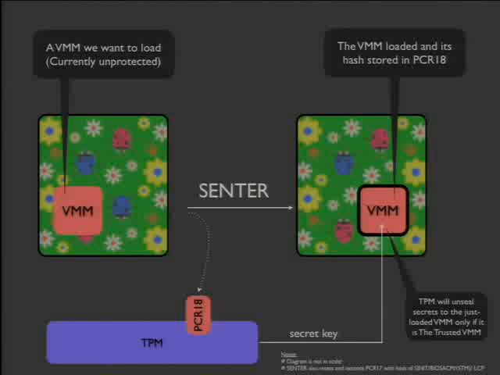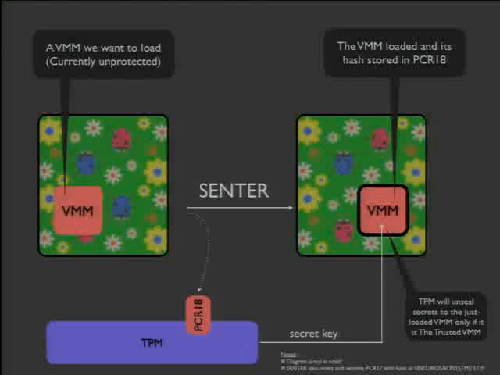It takes as an argument the address of this VMM that right now is unsecure, and loads it in such a way that it places it in some memory. This memory gets protection from everything, from the CPU, from the other CPUs, from all the I/O devices, so from DMA attacks.